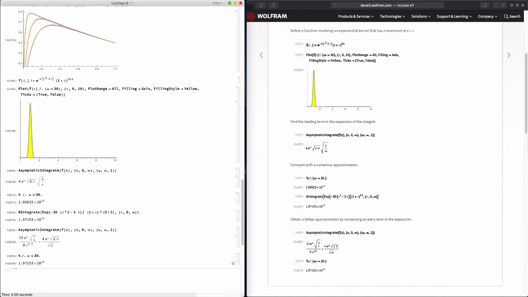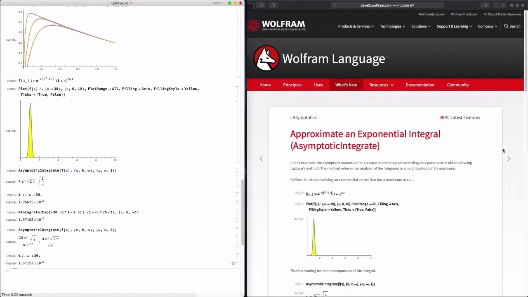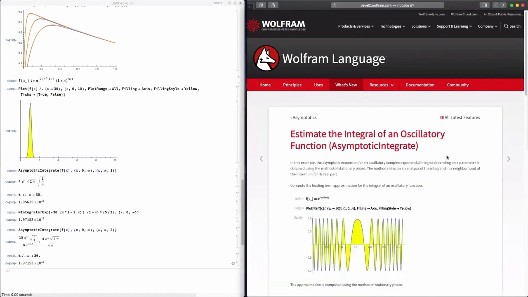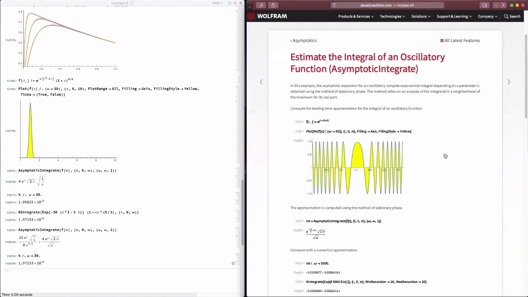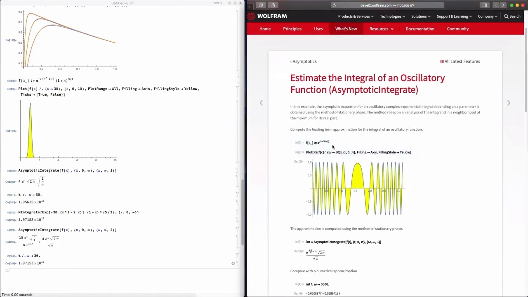Okay, this one is very similar. Rather than a strongly peaked integral, we have an oscillatory integral where the positives and negatives cancel out. So only near the absolute maximum do we get a contribution.